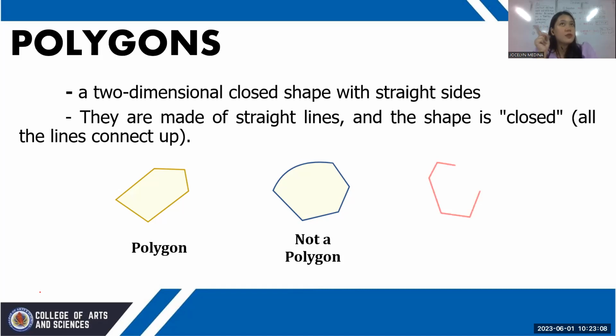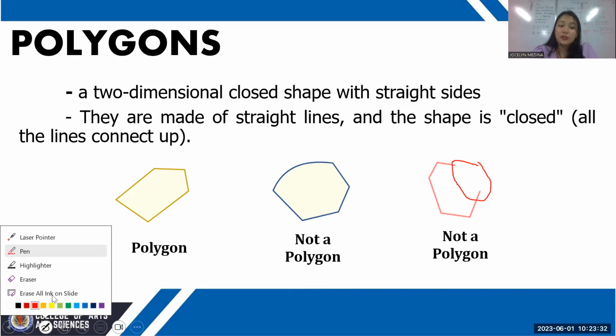Let's try the two descriptions. Yung unang description, sabi natin, dapat lahat straight lines. As you can see, all of them are straight lines. Correct. Pero, is it closed? No. Meron tayong space dito, kaya this is considered not a polygon.